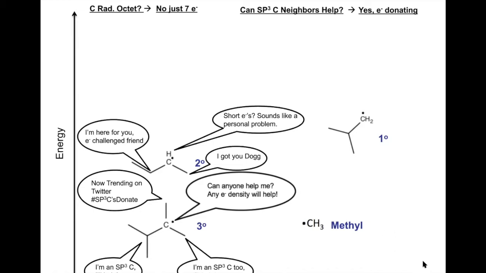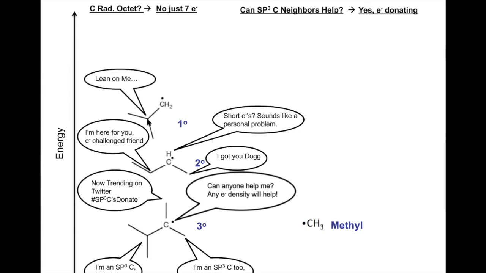So what do you think is next highest in energy after tertiary is lowest energy, secondary is next, and then the primary, yeah. So the primary radical is short electrons, only 7, wants 8. It's got this sp3 carbon over here that can help out, right? Lean on me when you're short electrons.